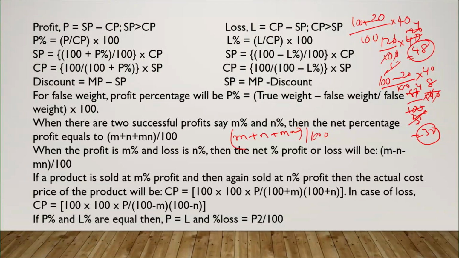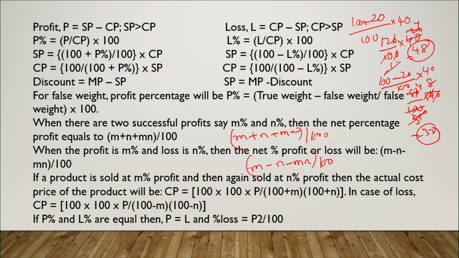That's it. In the same manner, if it is a loss, then instead of plus you have to say minus. Means here m plus n plus mn, no, then you have to say m minus n minus mn by 100. That's it.